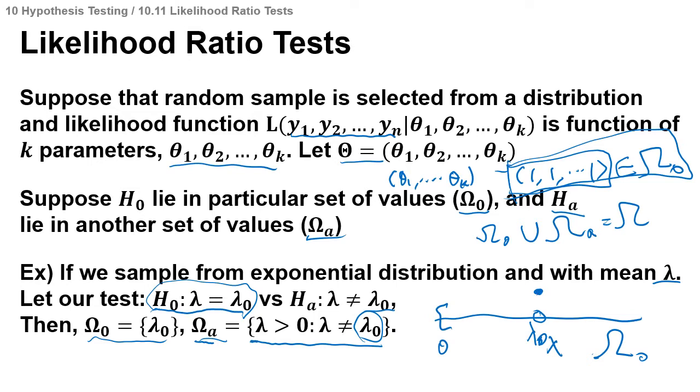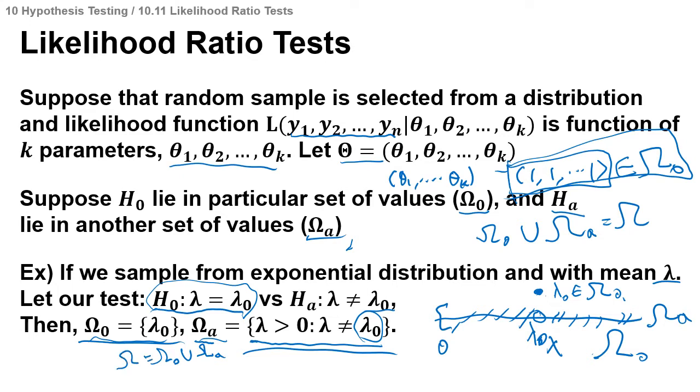This lambda 0 point is inside omega 0, and all the other points lie in the alternative hypothesis space. That's what this means, and omega 0 union omega a is the full space, which is lambda greater than 0.